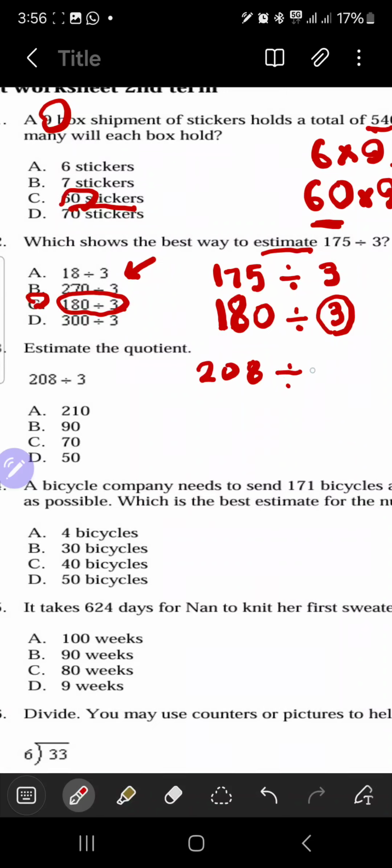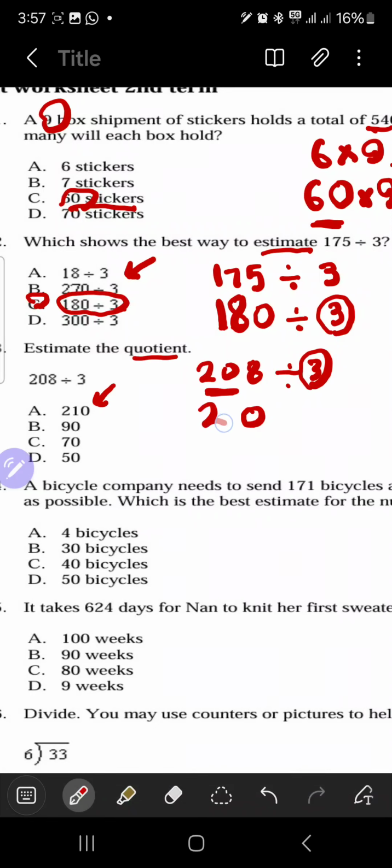Now estimate the quotient 208 divided by 30. This question says quotient and needs a final answer, meaning that you will make the estimate, then you will also find the answer of the division. So we also need the number which is in a timetable, 2 numbers on the left, and this 8 will be 0. That will be in a timetable of 3. What is after 20 or before 20 in a timetable of 3?